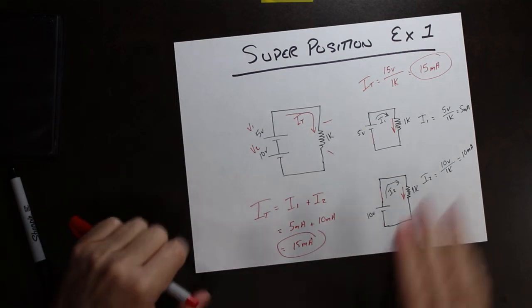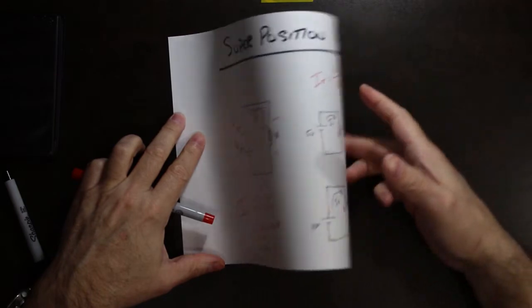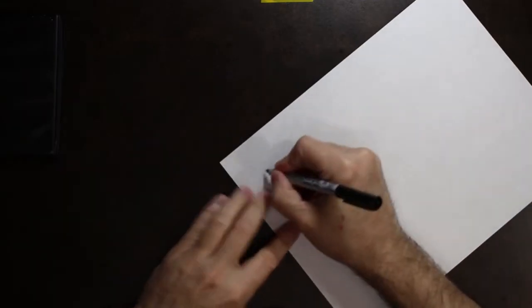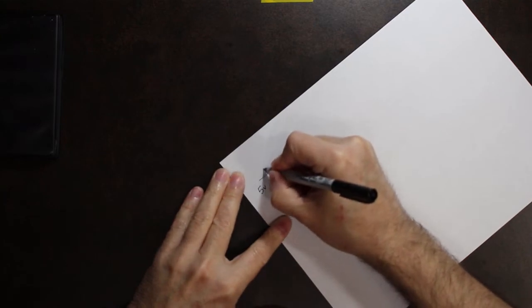Okay? So now we're going to apply this to a real example. Let's take a look at a circuit that looks kind of like this. I've got a 5-volt supply here.